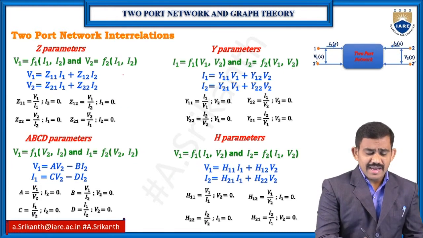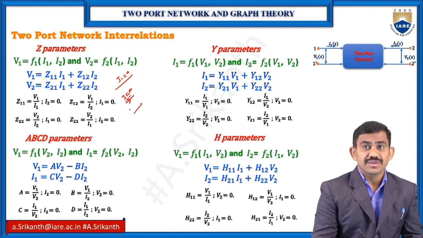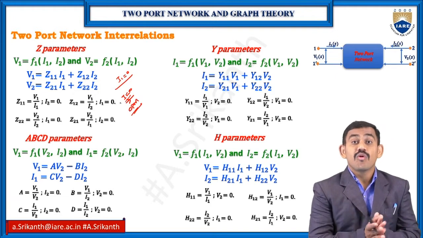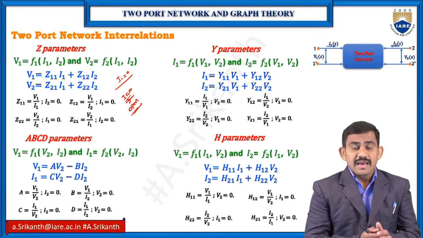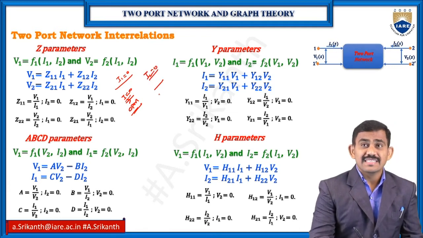Now suppose I1 equal 0 means, for any circuit, the primary side current is 0, so it's open circuit. So the primary side is open. I2 equal 0 means the secondary side is open.